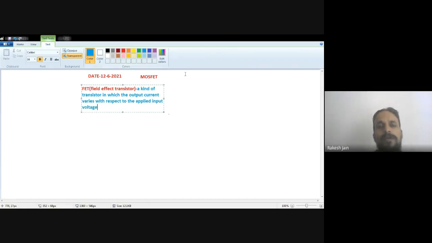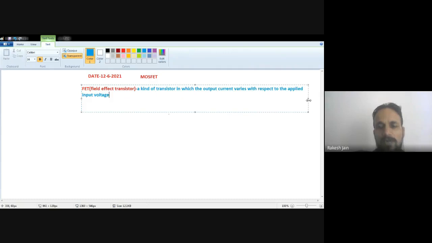The output current depends on the applied input voltage. That's why it is known as field effect transistor.